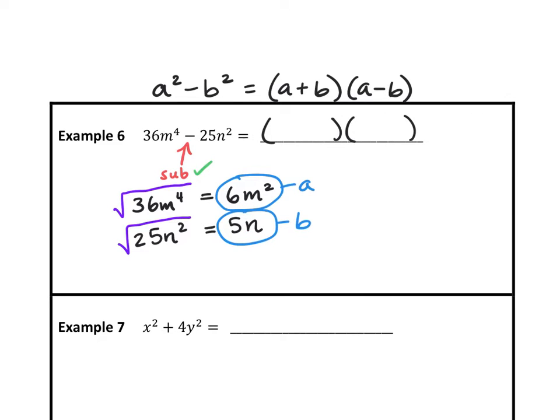Okay, so it's going to be 6m squared plus 5n. And then the second parentheses is going to be a minus b. A minus b. So the first one minus the second one. So 6m squared minus 5n.